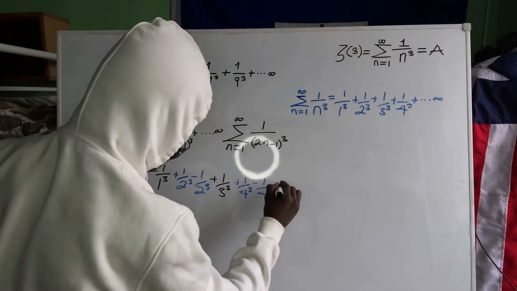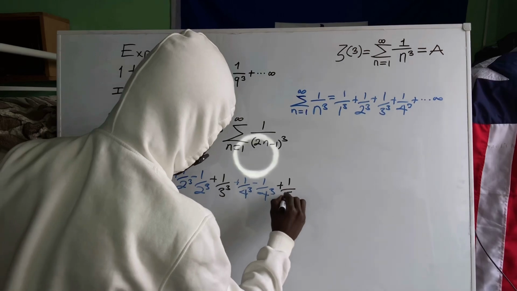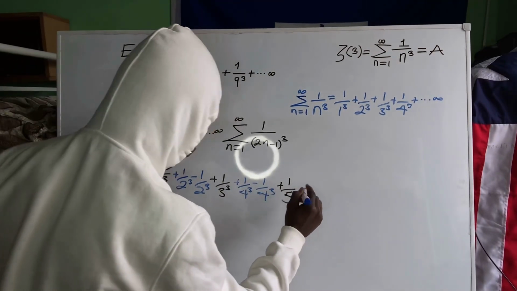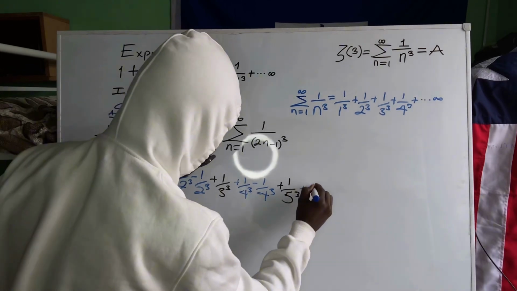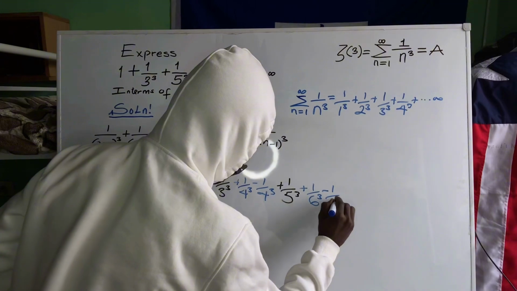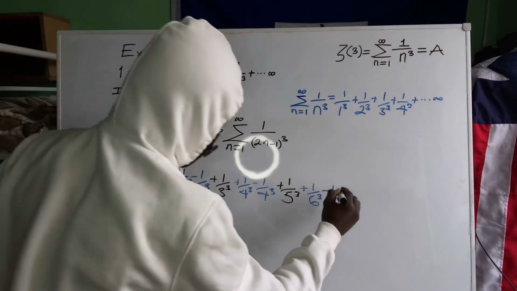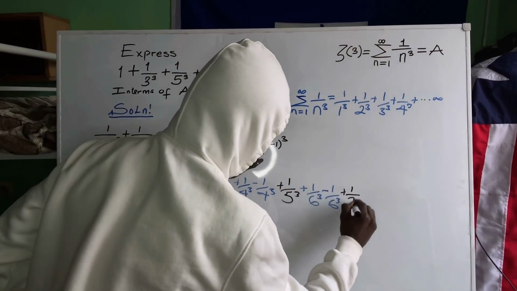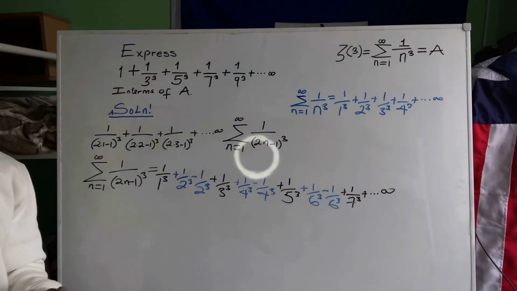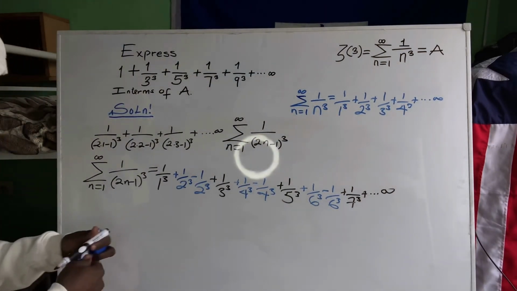Next, we're going to have plus 1 over 5 cube, and plus 1 over 6 cube minus 1 over 6 cube, and we say plus 1 over 7 cube, and this will go on forever.